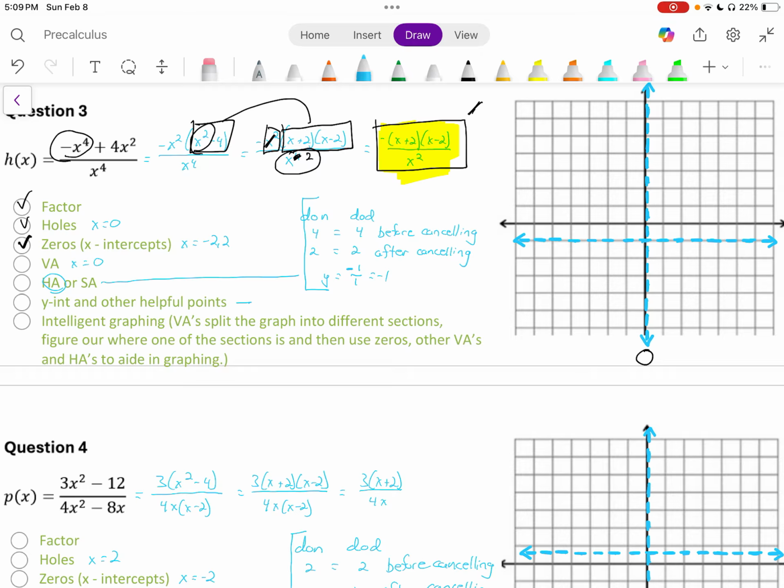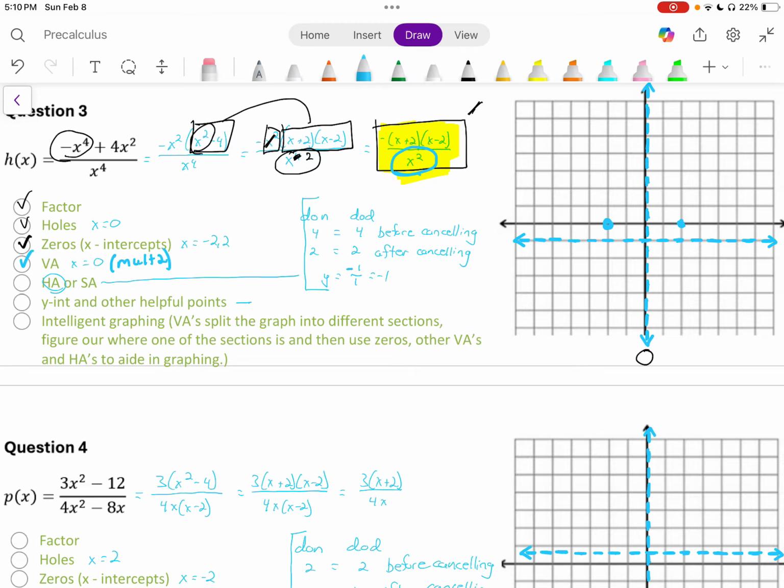So let's go ahead and put a 0 at negative 2 and a 0 at 2. Vertical asymptotes are values that make the denominator equal 0. And so that's 0, and that's multiplicity, I didn't write it on here the first time, but that's multiplicity 2. And so it will, in quotes, bounce off infinity. So we have a vertical asymptote at 0.